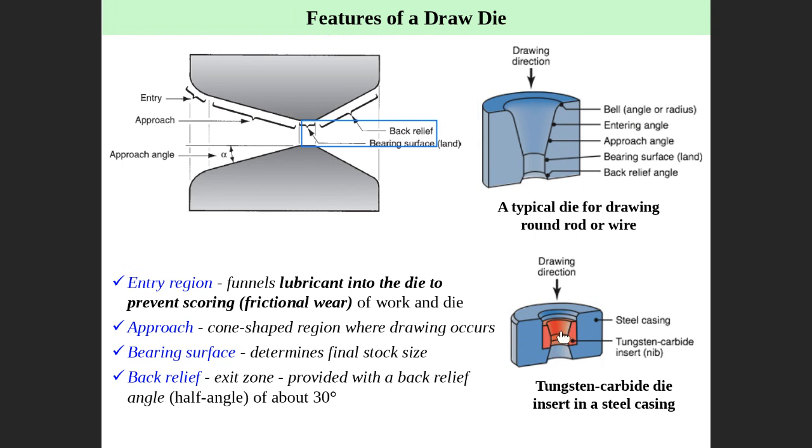Tungsten carbide is a very hard material, so make it as an insert to put in the holder. This is the holder, and the idea is to use a very hard insert like tungsten carbide. This is usually needed when you draw harder material.